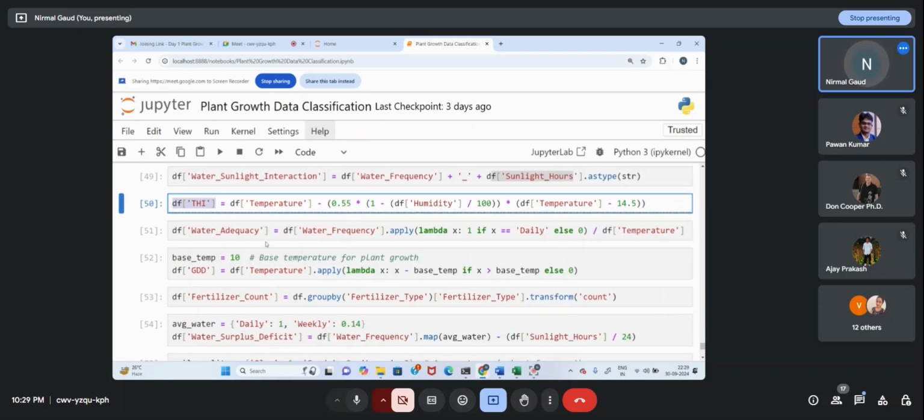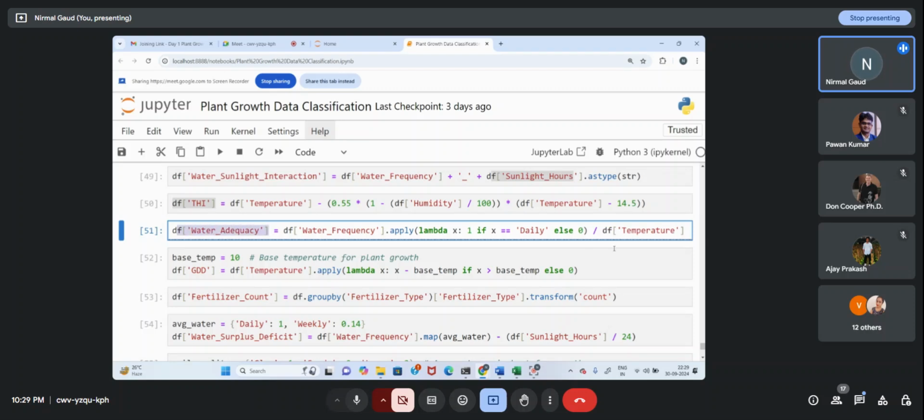Okay, water adequacy. That means if water is available daily to give to the plant, then you are having a good quantity of water. Else you are having a scarcity of water. So frequency of water, if you are giving daily, then 1, else it is 0, divided by the temperature.